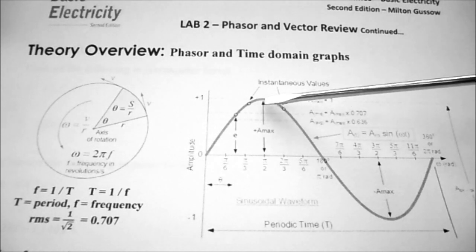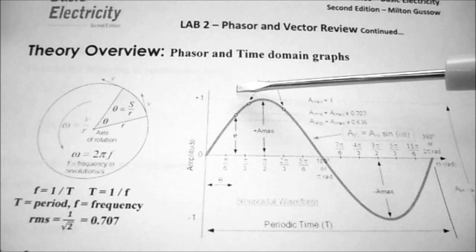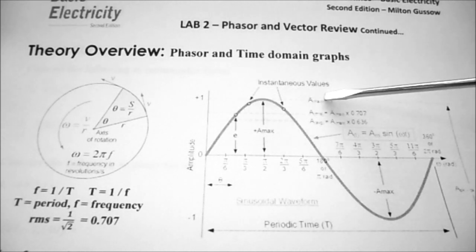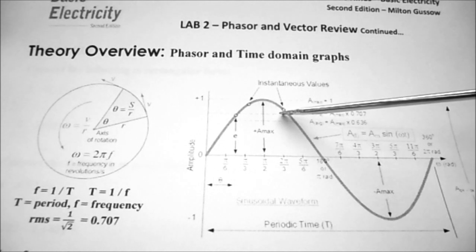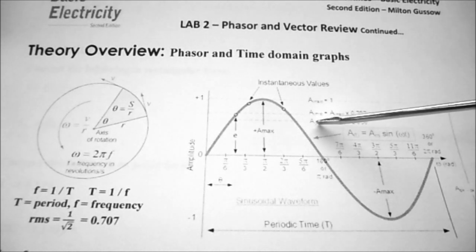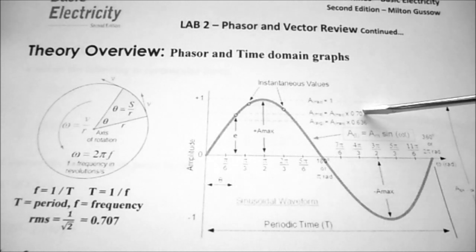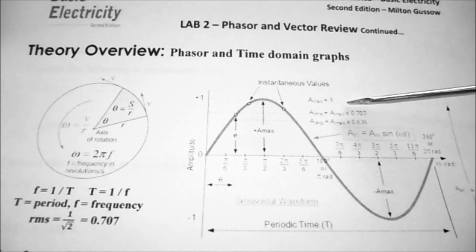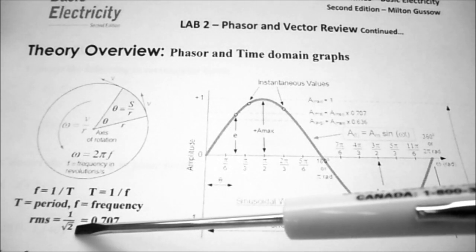A max is the maximum of our waveform. In this case, they're using 1 as the maximum. The RMS value is not the same as the average value. The RMS value is equal to 0.707 times the maximum value. 0.707 happens to be 1 divided by root 2.